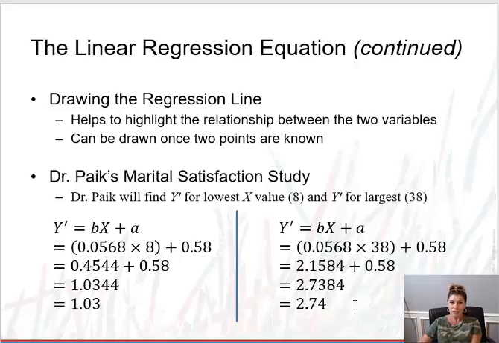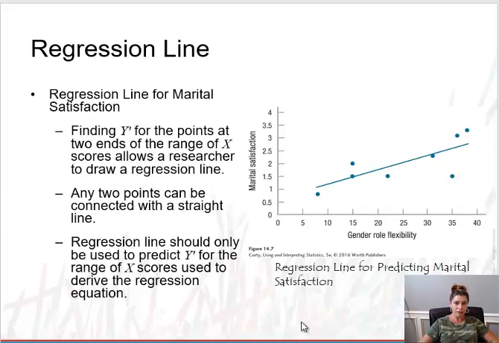Now the reason why I had you do the lowest and the highest values on the gender role flexibility instrument is because this is how you create the anchors for your regression equation or regression line. So we have 1.03 and 2.74. So we go over here. This is 1.03 on the y-axis.